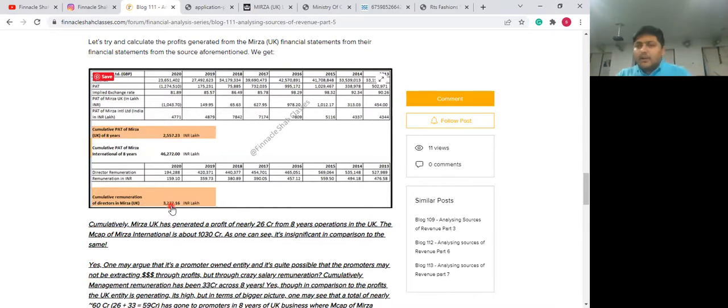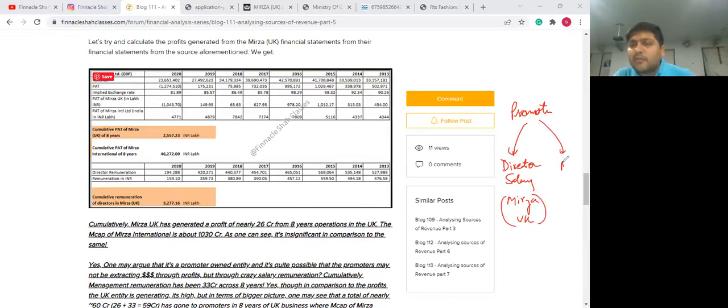Now, this is how the promoters of Mirza International have been making money. One is through director salary from Mirza UK, and Mirza UK profit, because let's not forget Mirza UK is still 100% owned by the directors. So whatever Mirza UK earns is the promoter's earning, and the director salary the promoter draws from Mirza UK is also the promoter's earning.